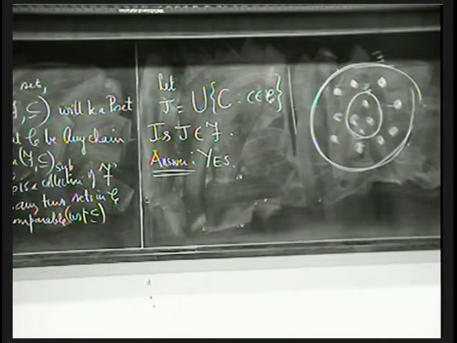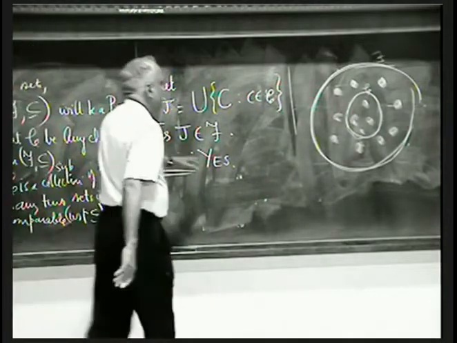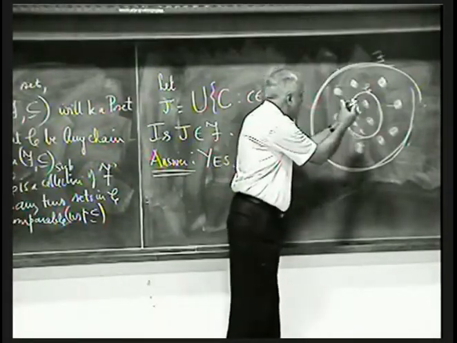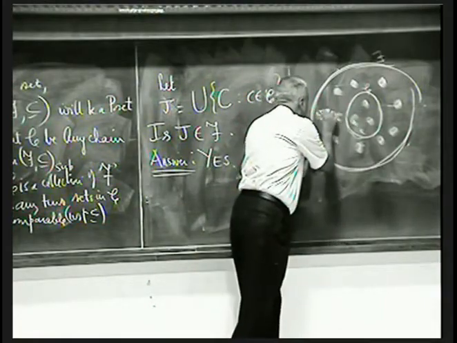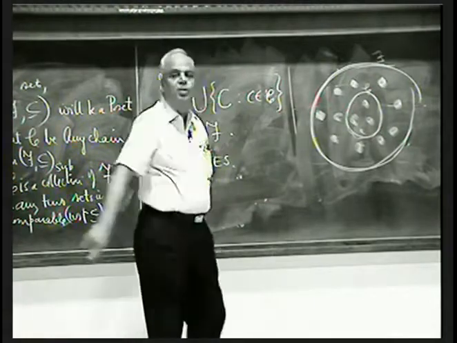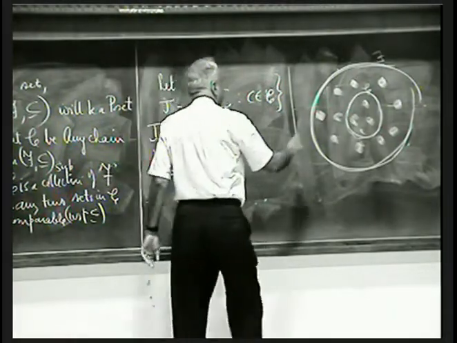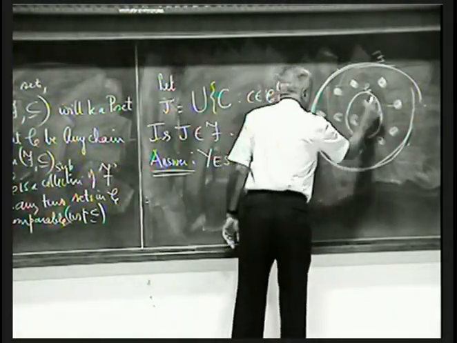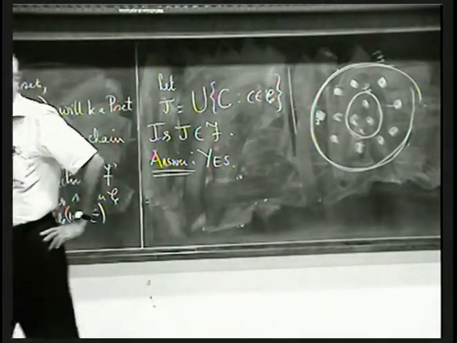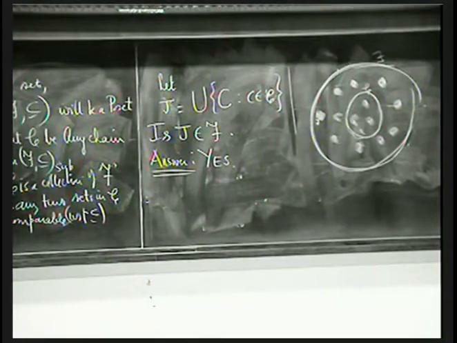Certainly it is there. That's what I'm asking. Is J sitting somewhere here? If you put all these things together and make a big lump, that lump will be one of the elements. So the union of all those elements J will be here, and this element C, the union of all those elements, will also be somebody there. It's clear.